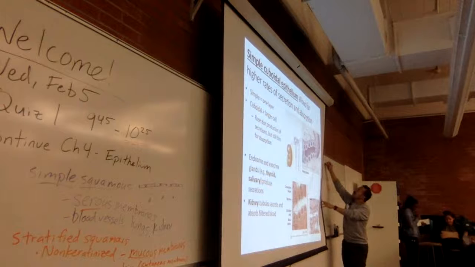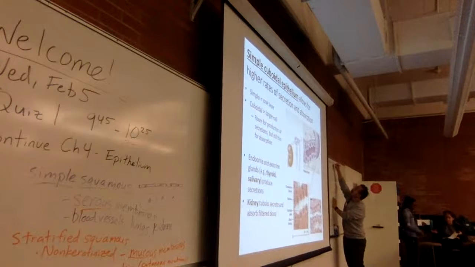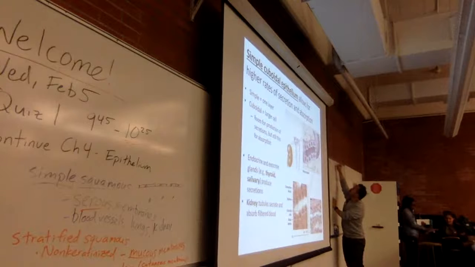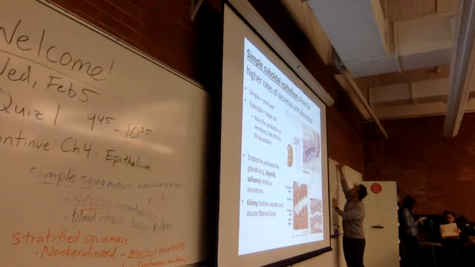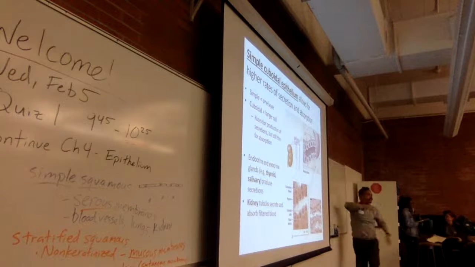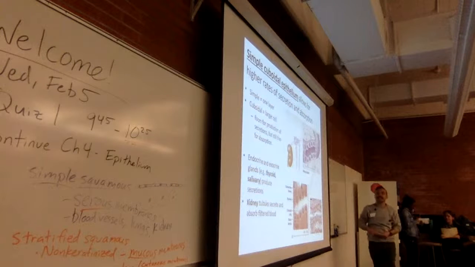As the name suggests, it's one layer of cube-shaped cells, like that. Nucleus in the center. So whether you do a cross-section or a longitudinal section of these, they're going to look the same because three-dimensionally they're roughly the same.